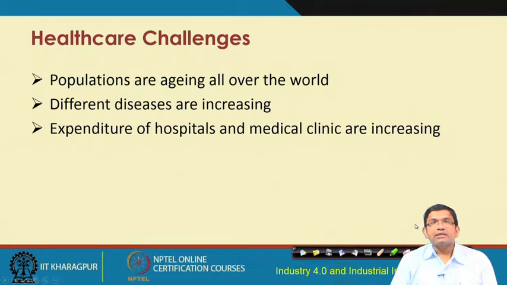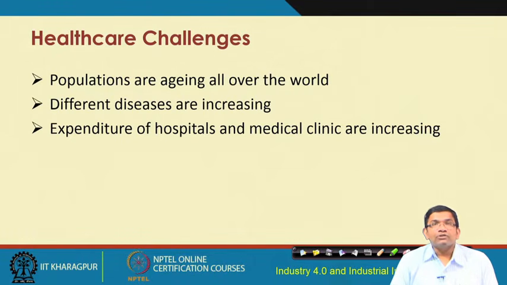There are different healthcare challenges with respect to the implementation of IIoT. Populations are aging all over the world, different diseases are increasing, expenditure of hospitals and medical clinics are also increasing. These are some of the generic healthcare challenges, but from an IIoT perspective as well, catering to these growing requirements is also a challenge.